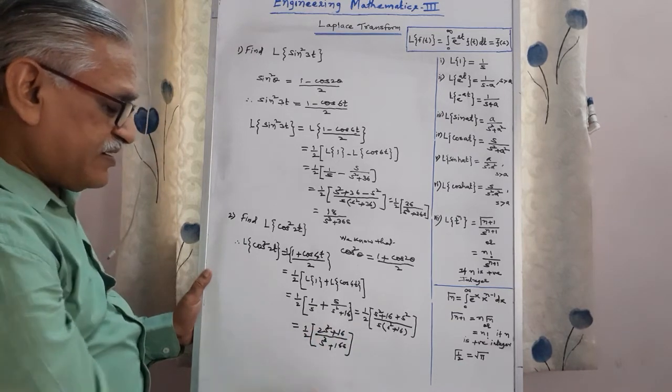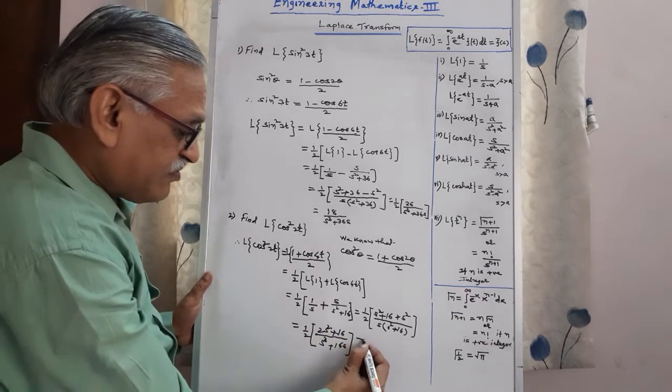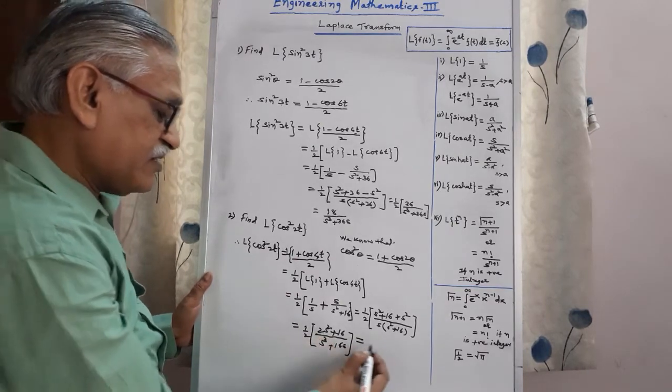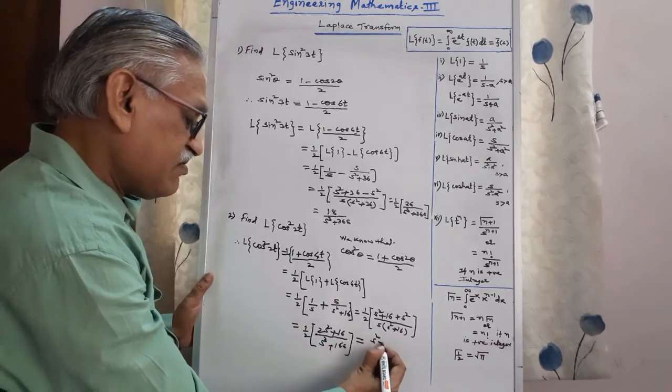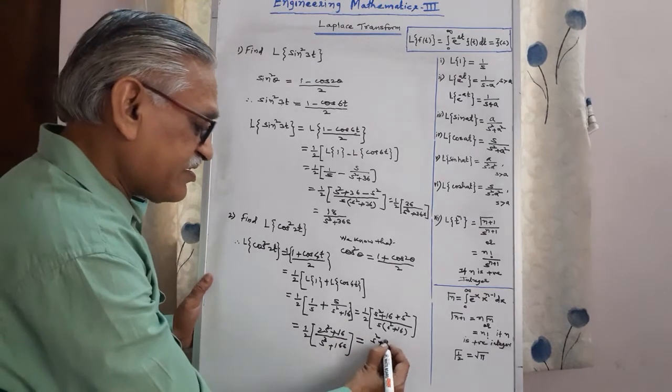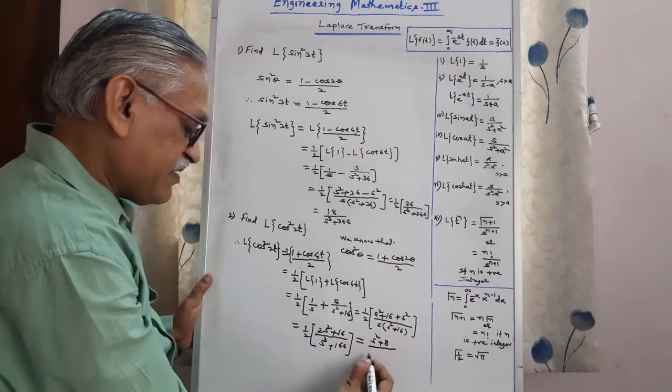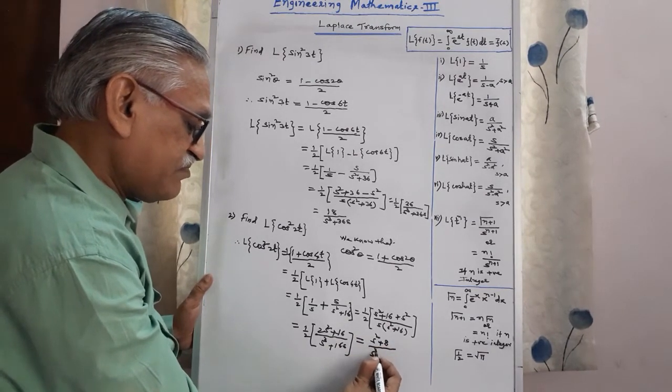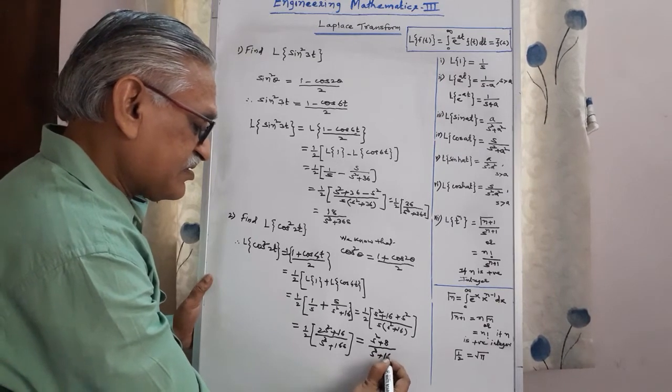Therefore, multiplying by 1 by 2, the 2 gets cancelled, so we get s square plus 8, 16 by 2 is 8, divided by s cube plus 16s.